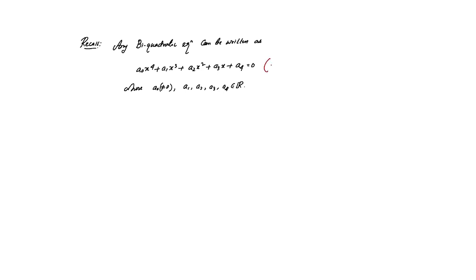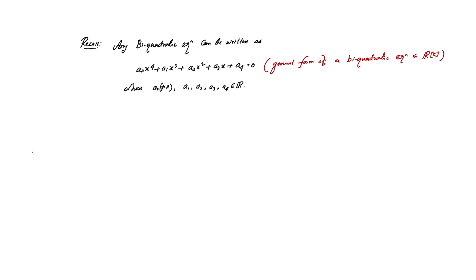This is called the general form of a biquadratic equation in R[x]. That means the variable is x and the coefficients come from the set of real numbers. Now we'll apply Ferrari's method for solving this kind of biquadratic equation.